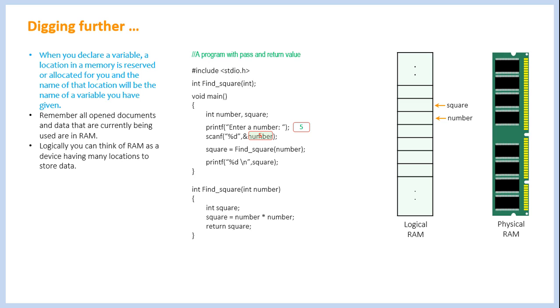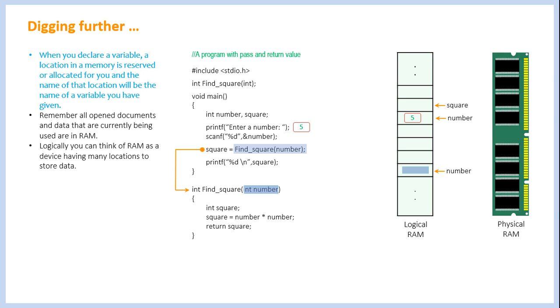So 5 is actually stored here. Now there is a function call right here. From here, the computer goes to this point. Here again, because of int number, a location is reserved. The name of this location will be number.